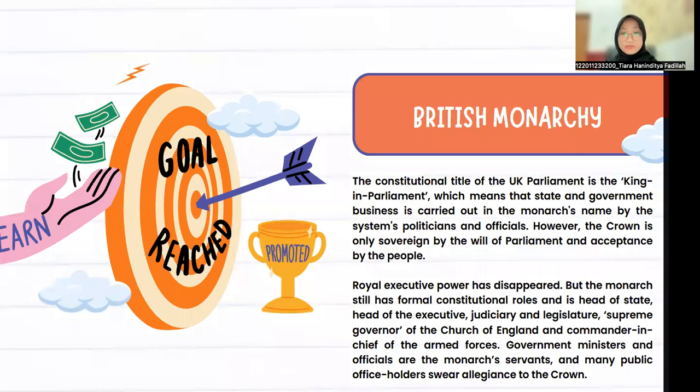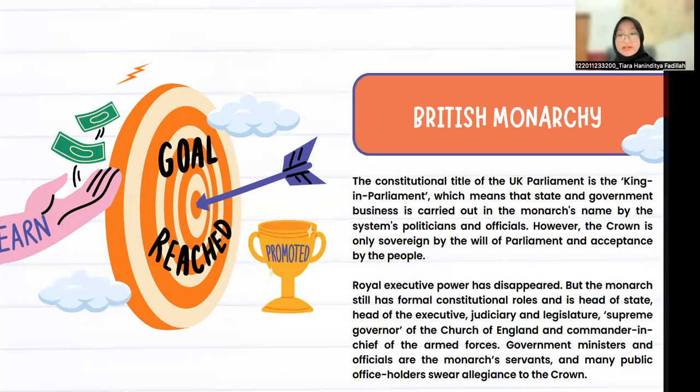So the British monarchy. The constitutional title of the UK Parliament is the King in Parliament, which means that state and government business is carried out in the monarch's name by the system's politicians and officials. However, the crown is only sovereign by the will of parliament and acceptance by the people.